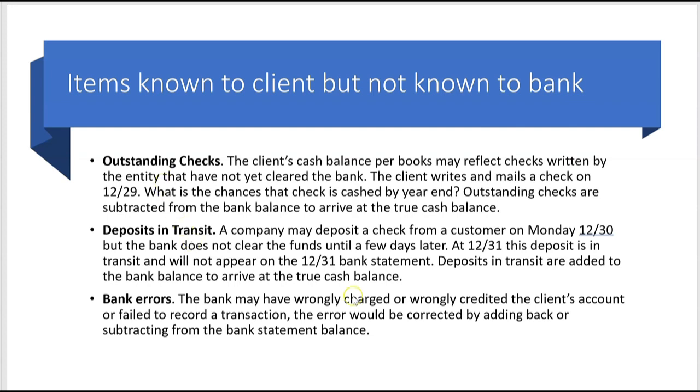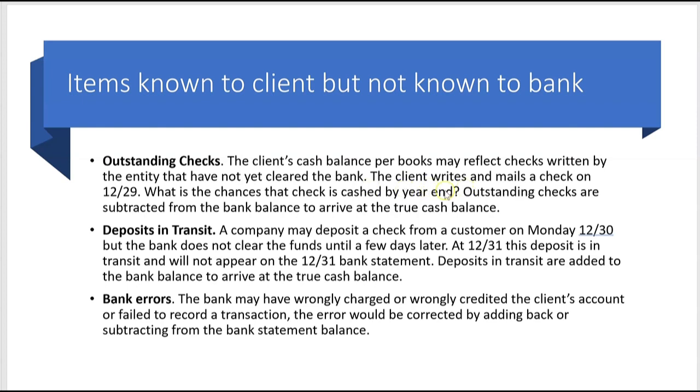Outstanding checks, these are checks written and mailed by the client before the end of the year, but have not yet cleared the bank. So the client's cash balance per books, they probably have reflected these checks already, but they've not yet cleared the bank, so the bank statement doesn't include these checks when it shows you the final ending balance of cash.